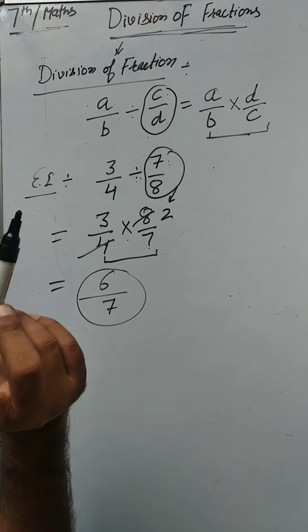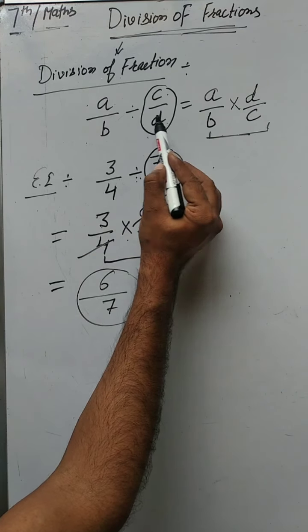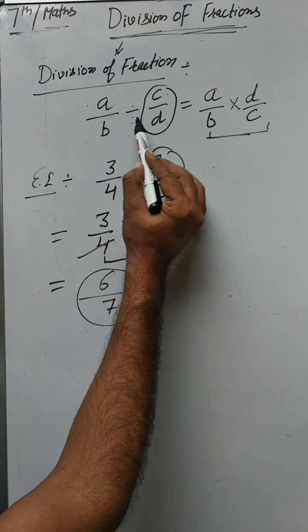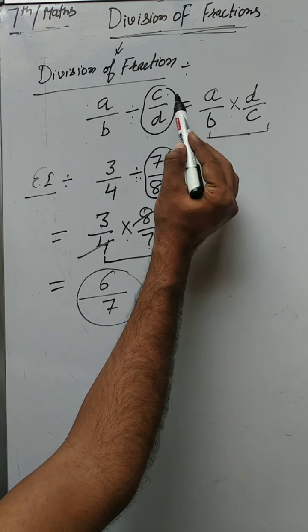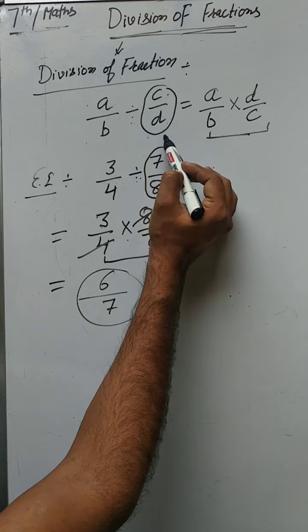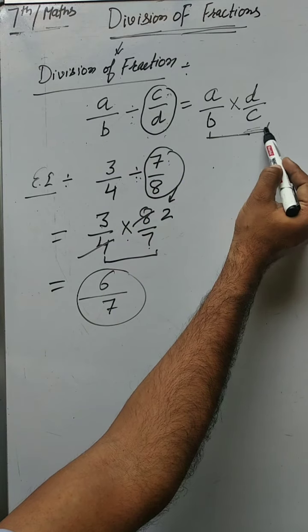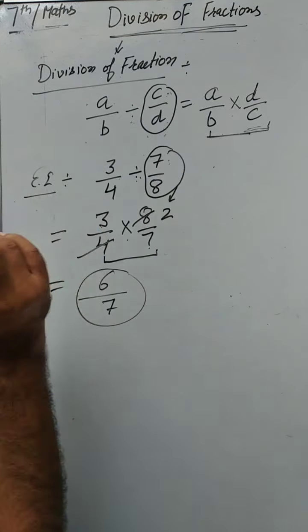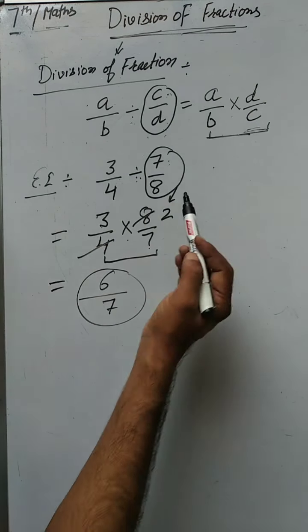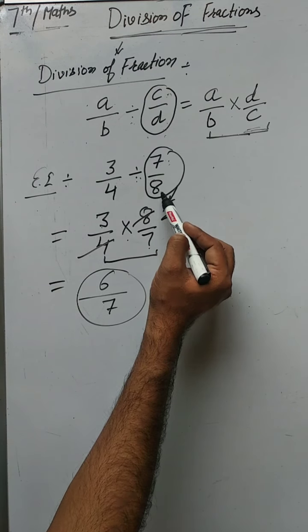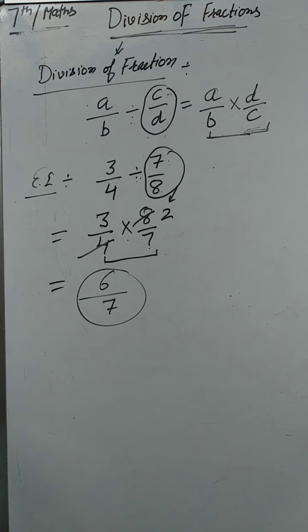You have to keep one point in mind while changing the sign of division into multiply. You have to write the reciprocal of the second fraction. As here 7 upon 8 changes into 8 upon 7. Clear beta?